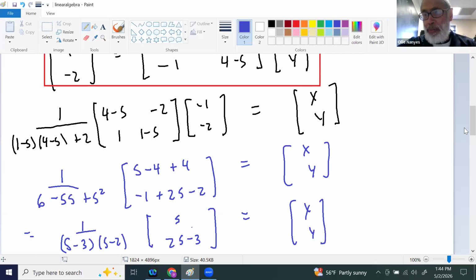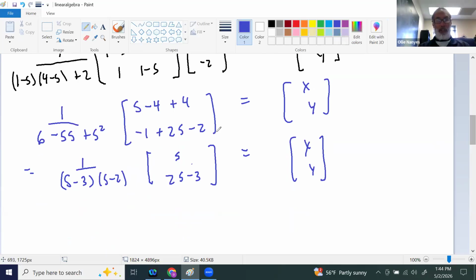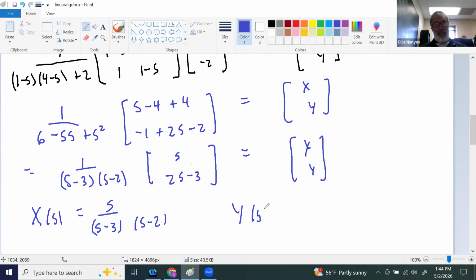And then we would end up getting the solution in terms of the Laplace transform. We know that x of s is going to be s over s minus 3, s minus 2, and y of s would be 2s minus 3 over s minus 3, s minus 2.